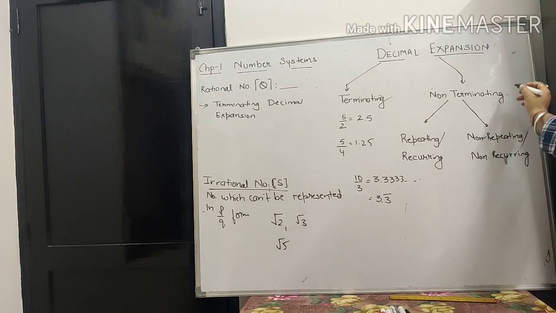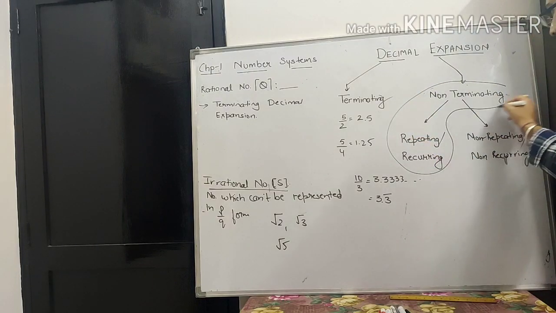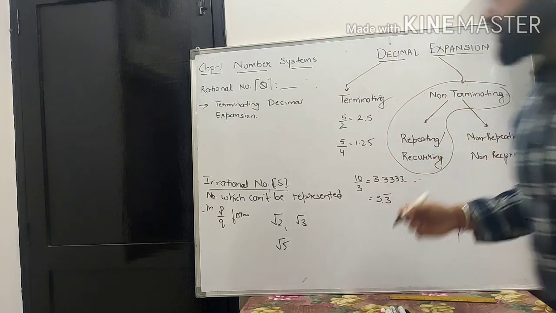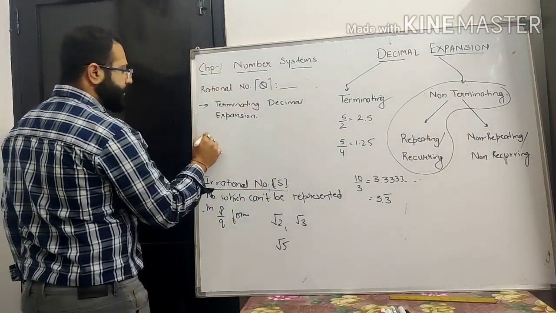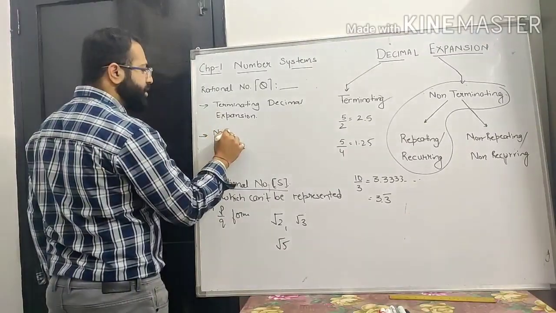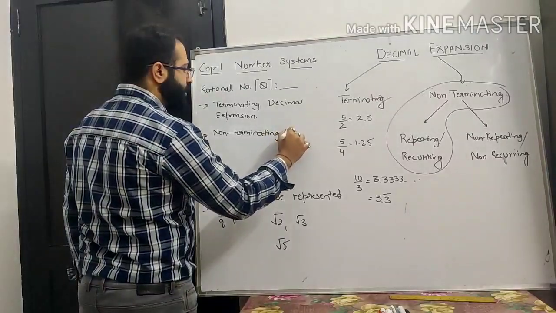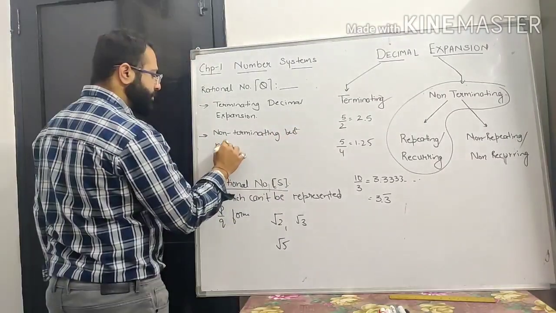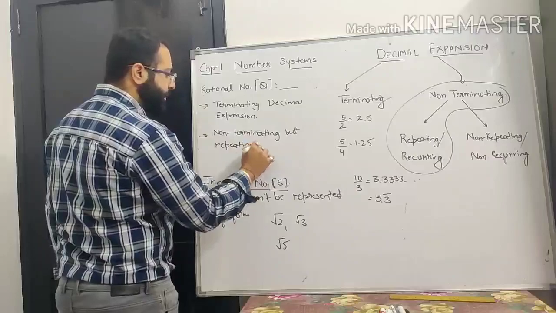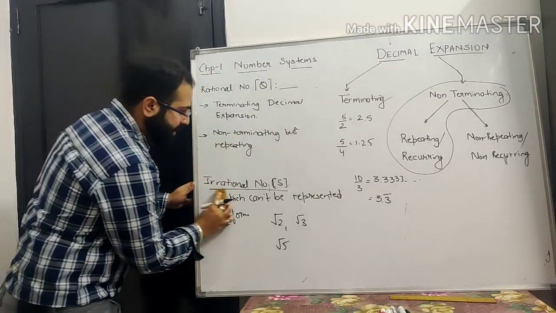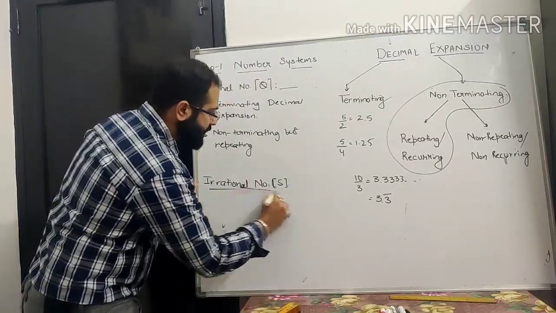So the decimal expansions which are non-terminating but repeating are under the category of rational numbers. So these are also rational numbers.